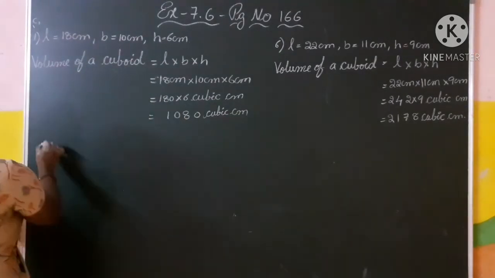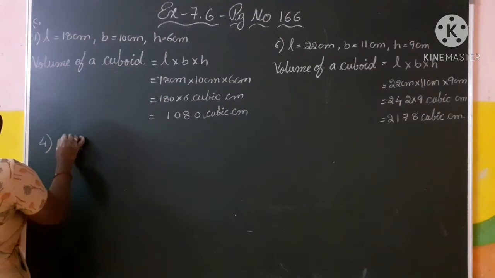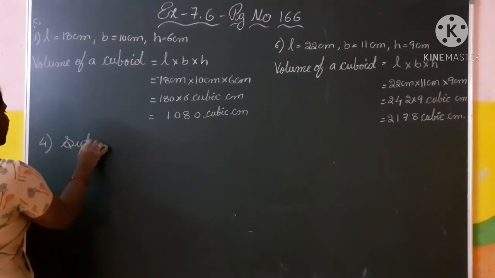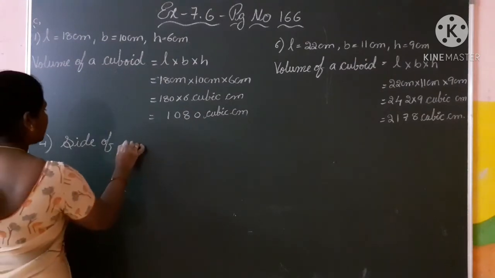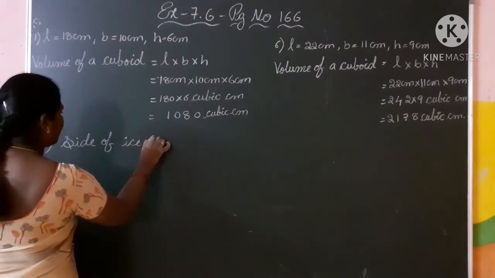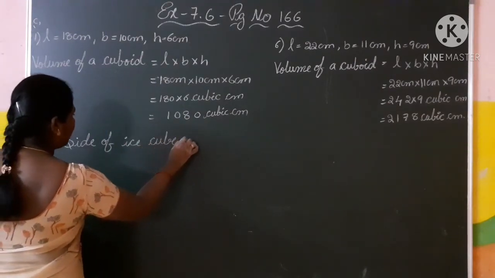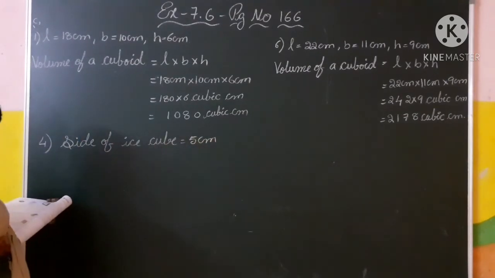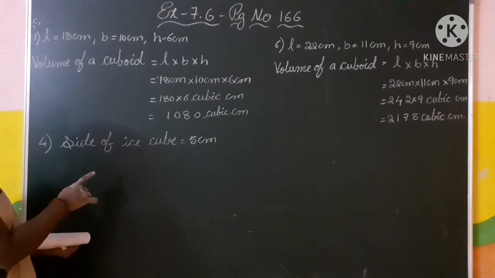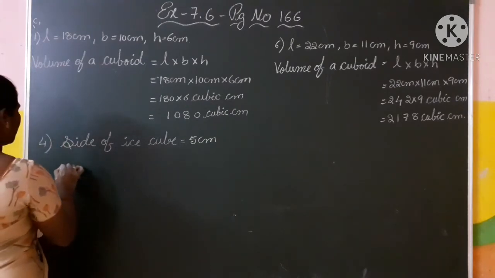Now see the fourth question. So side given, side of ice cube is equal to 5 centimeter. So we have to find the volume of one ice cube.